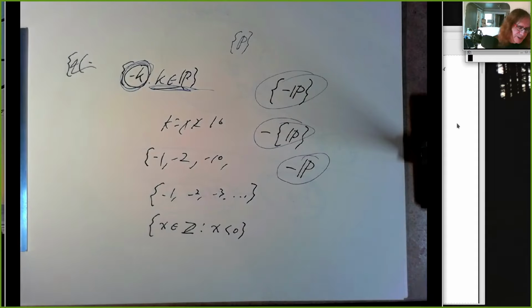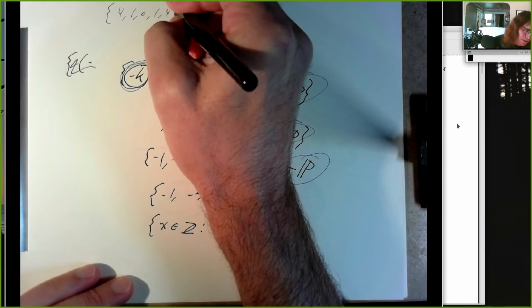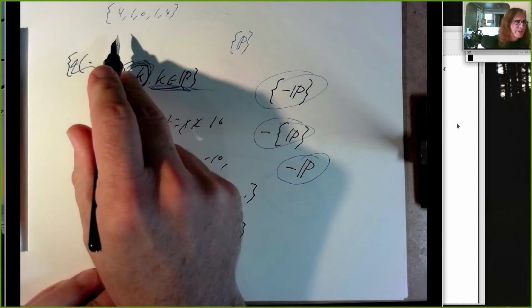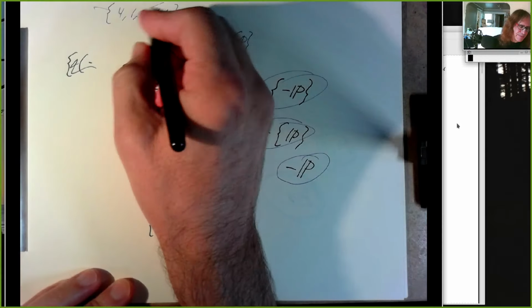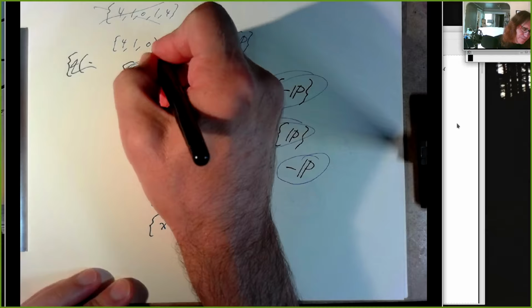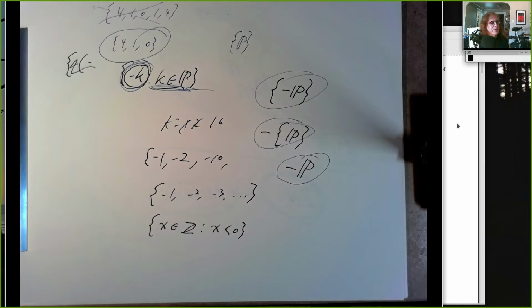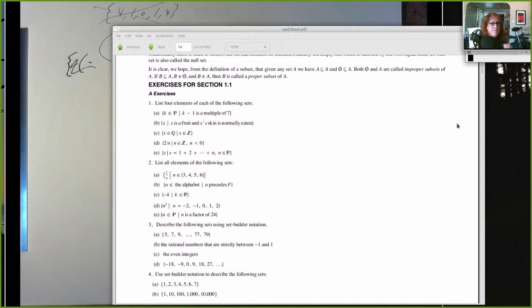If you just write that out, you're going to find these things in your set, but don't ever write a set like that. When you list the elements of a set, they should only appear once or 0 times in the set. So you could write the answer for part D like that, and that would be fine. But if you put the 4 in twice or the 1 in twice, I made a note about that.